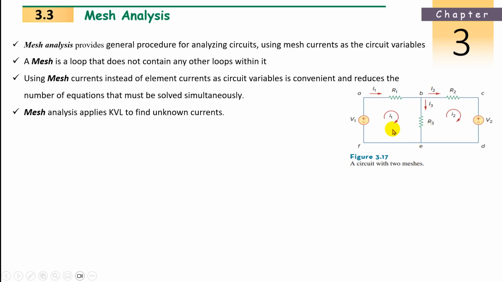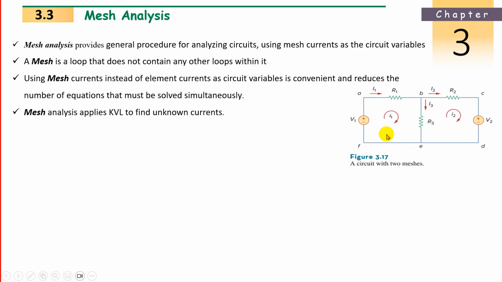What we have to do is see the closed paths. How many closed paths are there? Resistance R1, resistance R3 and voltage source V1 make one closed path. Then resistances R3, R2 and voltage source V2 make another closed path. So we have 2 loops in this.